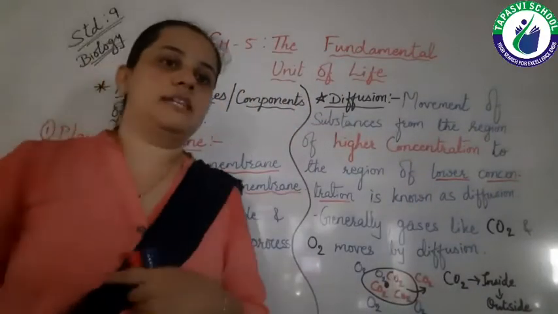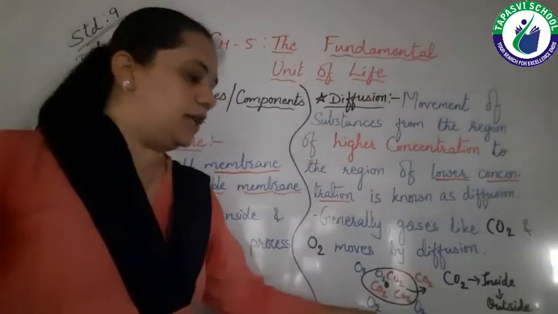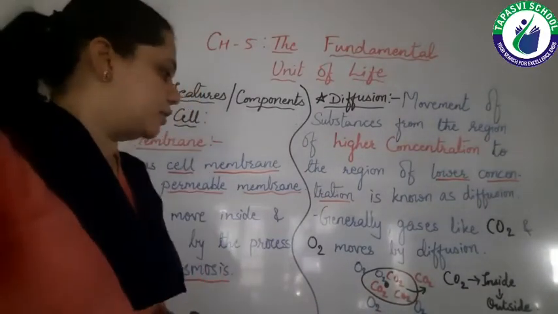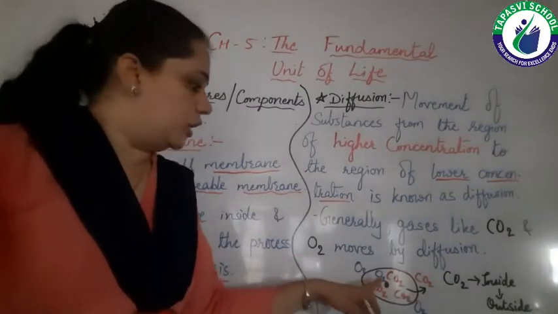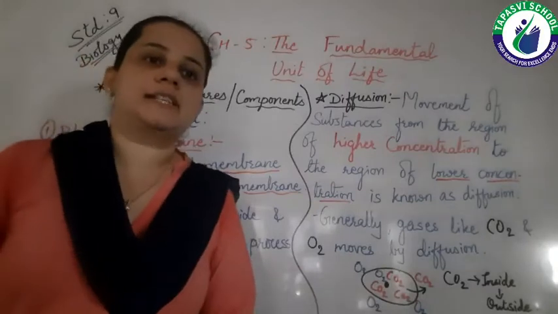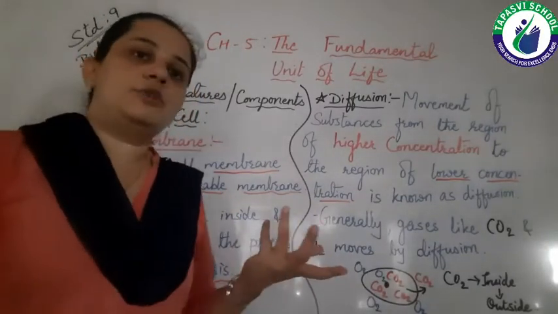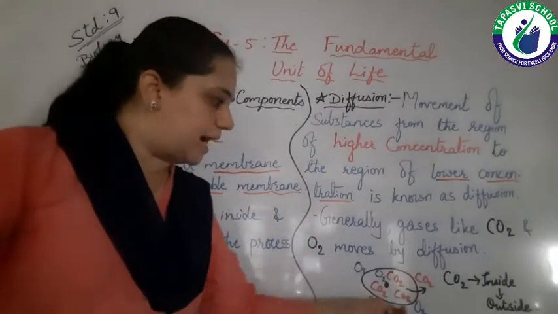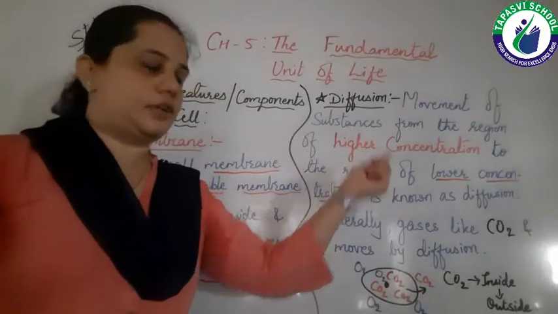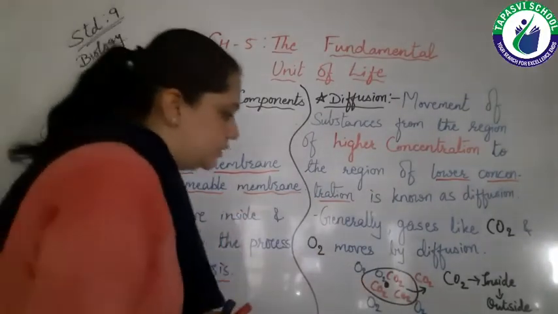Same about oxygen. We can see here that molecules of oxygen are 3 in the surroundings, and only one oxygen is present inside the cell. So where will it move? Oxygen will move from the outside, that is higher concentration, to the inside, that is lower concentration.